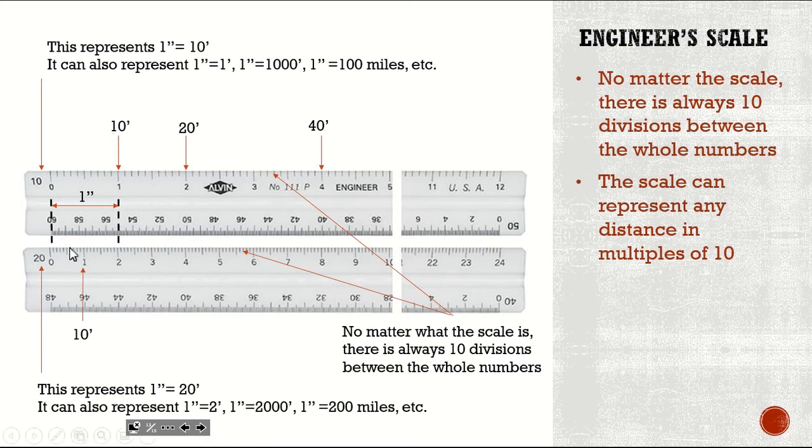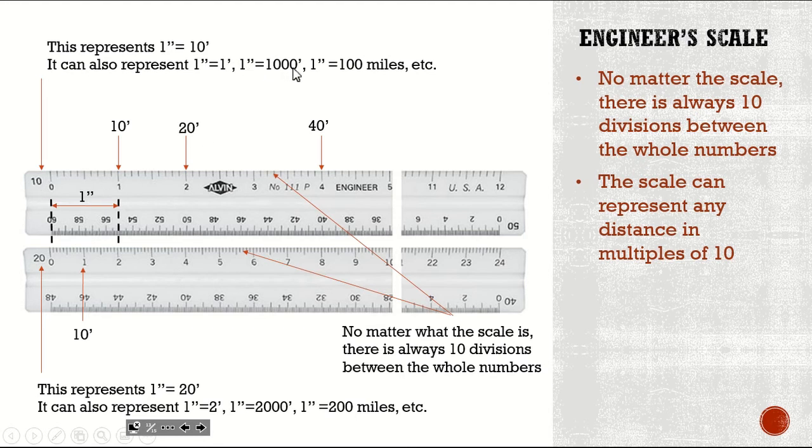No matter what scale I am at, the first one, you go to the 1. No matter what, there's always going to be 10 divisions, right? So if I make this 1 inch equals 1,000 feet, this scale right here, because there's a 1 in front of it, that's the one I want.